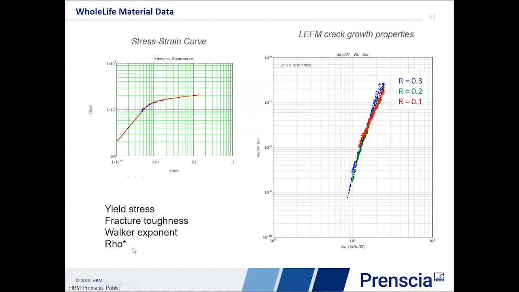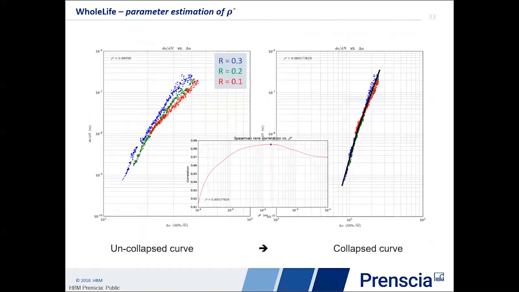Rhostar is the initial crack size as well as the assumed increment that we initiate through. Again, this is relative to grain size. The way it's actually calculated is in a routine that we use to create our damage curves, this delta kappa crack growth curve.